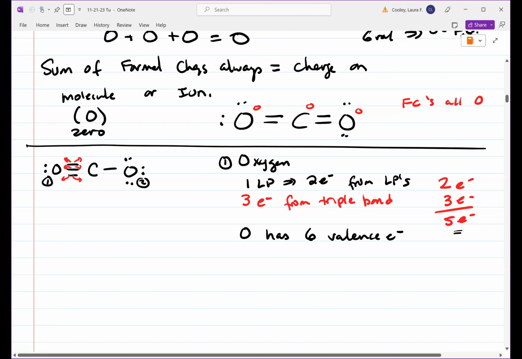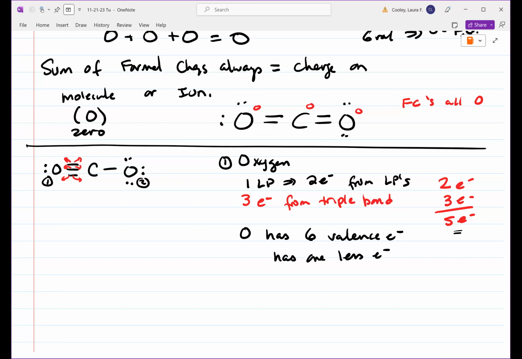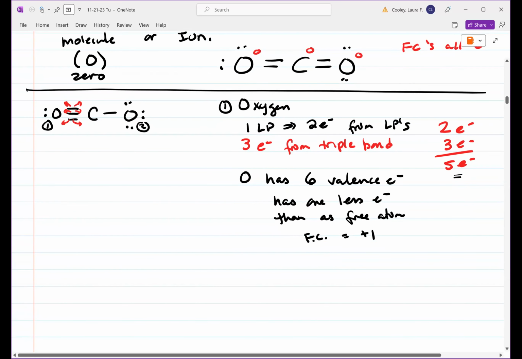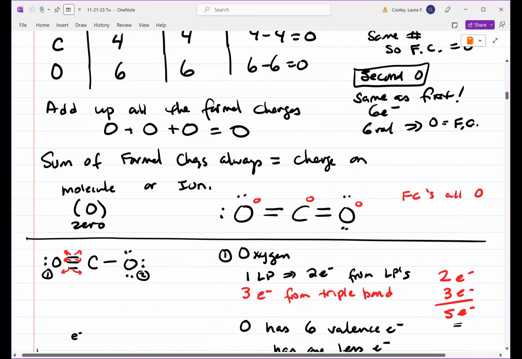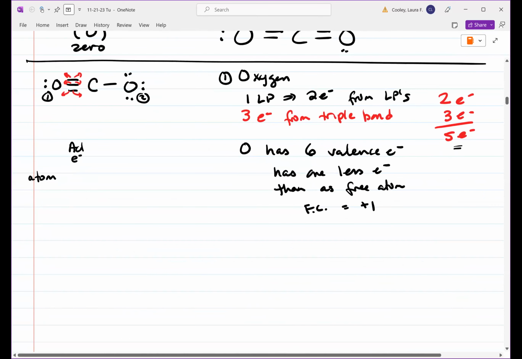So what does that mean? What is the formal charge going to be? It has 1 less electron than as a free atom. So the formal charge is +1. And now I'll show you doing that with a chart. Okay, so we have the atom. We have the actual electrons on the atom in the molecule.